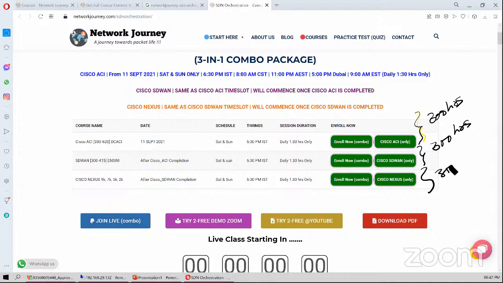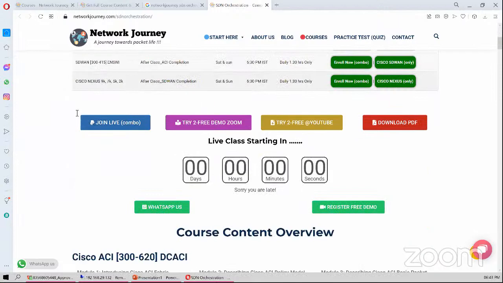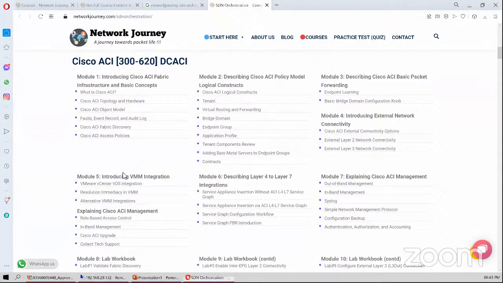Our course is not just theoretical; it's more practical, 80 to 90% practical and 10% theory. The trainer will show you the workbook and the lab overview as well. We use EVE-NG for these labs, and for each module you get 300 hours: ACI 300, SD-WAN 300, and Nexus 300. For detailed content of each module, you can check our website.